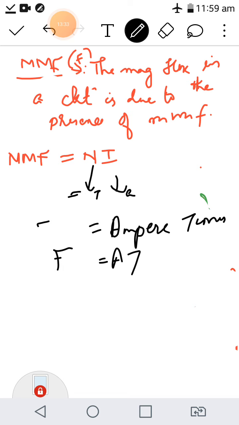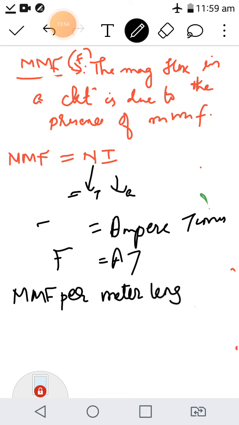Now, once we have learned MMF, I'm going to introduce another term. What is the MMF, or the magnetomotive force, per meter length in a magnetic circuit?